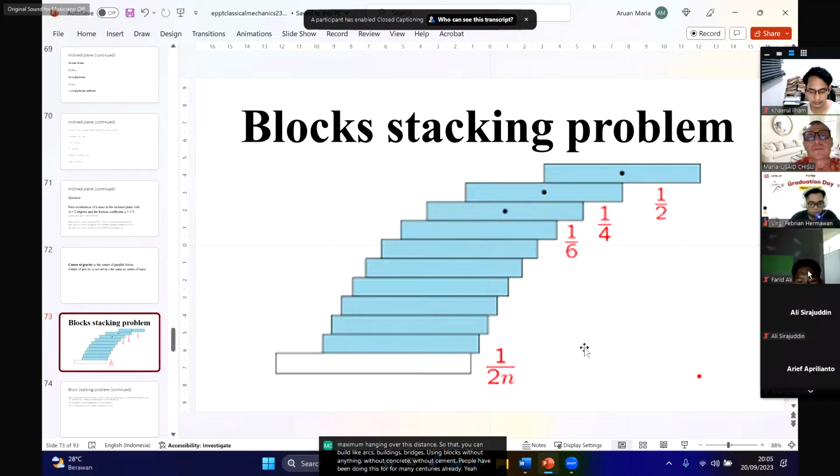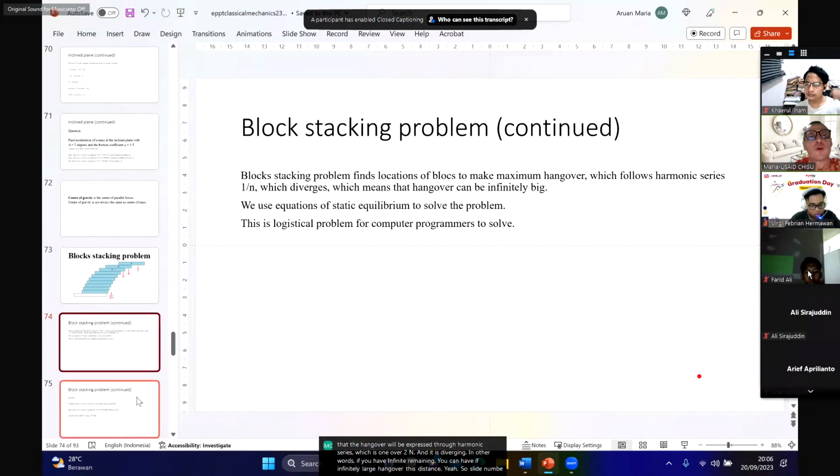The thing is that the hangover will be expressed through a harmonic series, which is 1 over 2n. And it is diverging. In other words, if you have infinitely many blocks, you can have infinitely large hangover, this distance. So slide number 74 explains that.